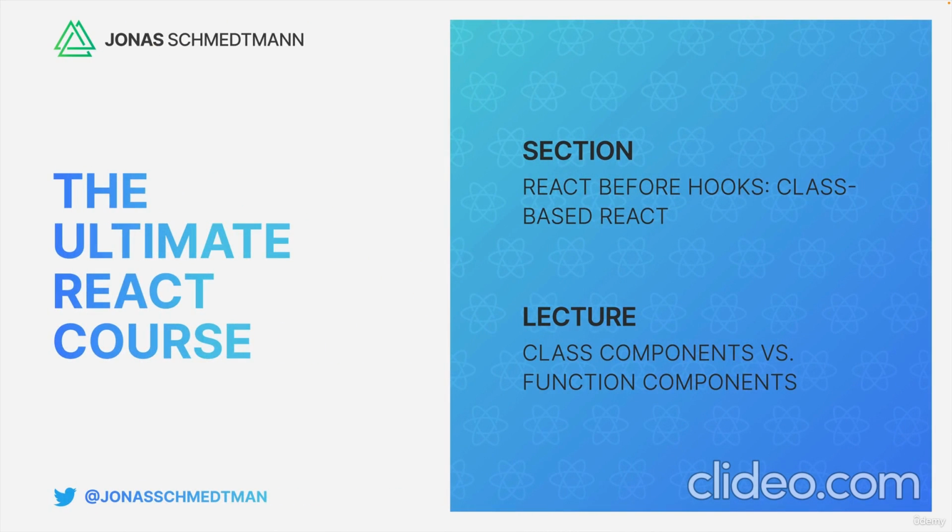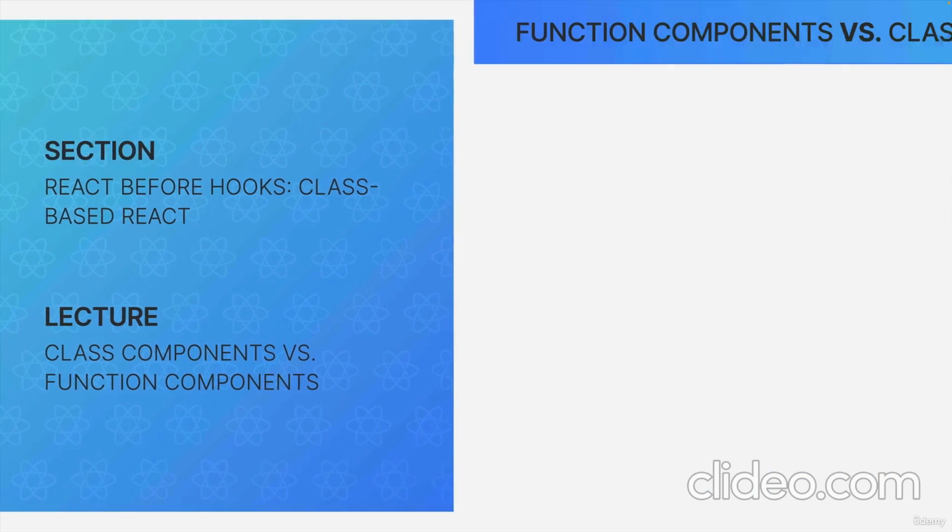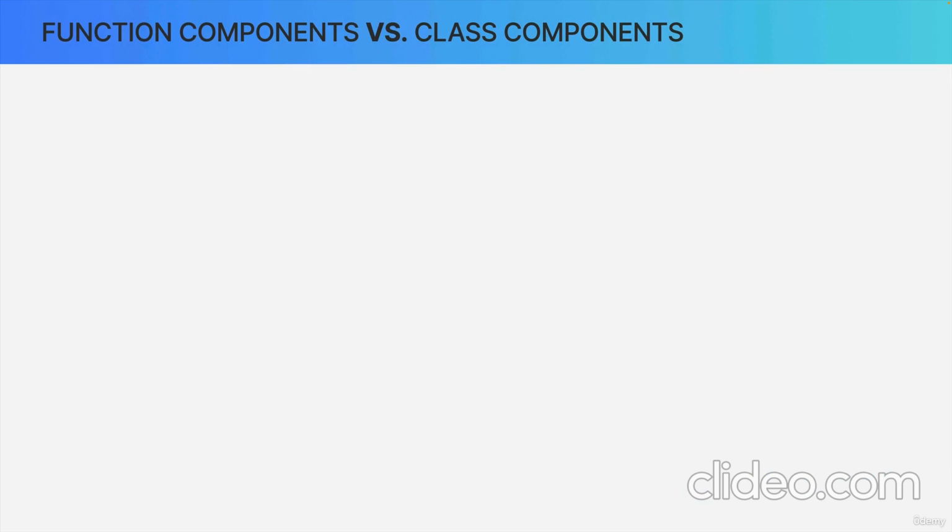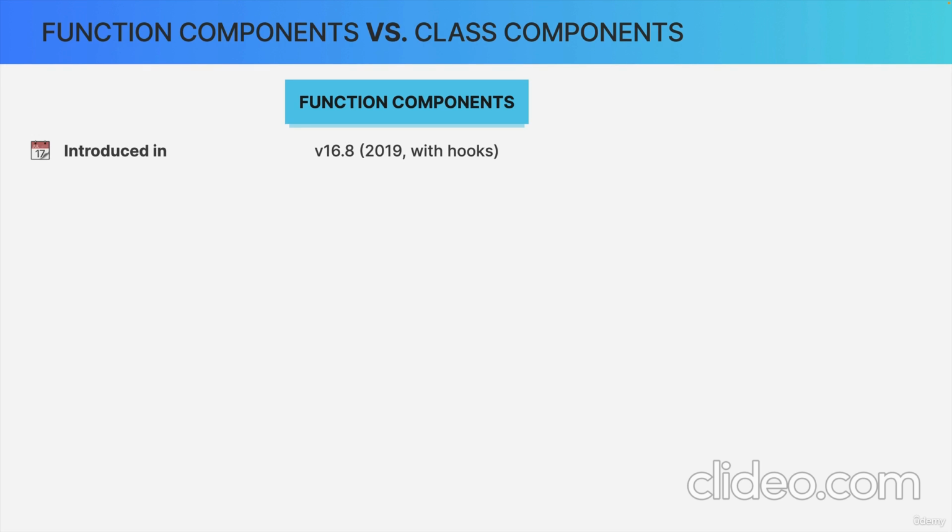Now, before we really dive into class components, it's a good idea to get familiar with all the main differences between function components and class components. So, as we already know, function components are the current way of creating components in React, as they were introduced into React in 2019 with React version 16.8.